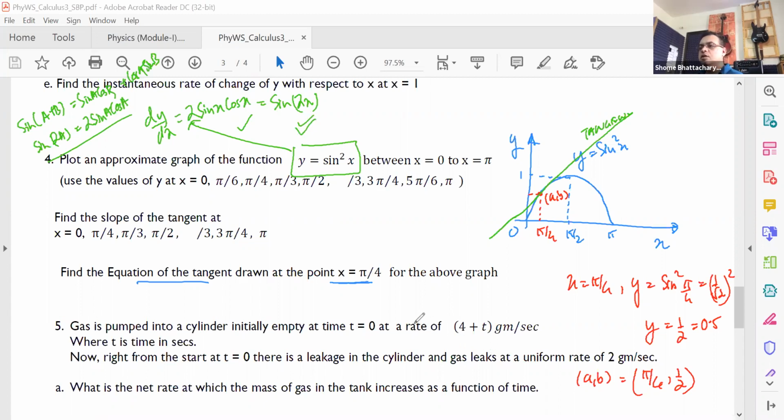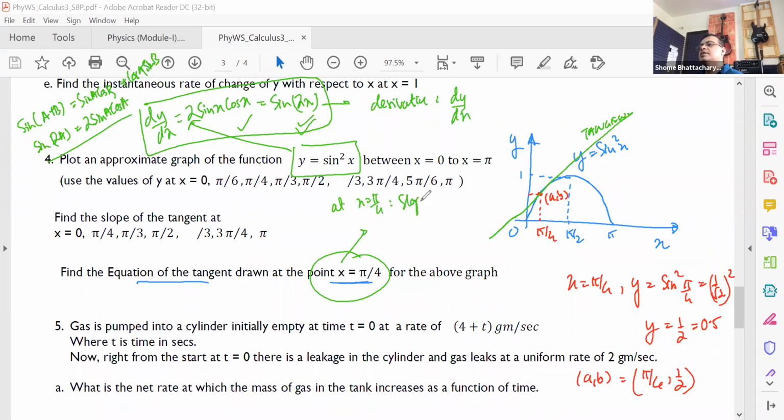So now we want to find the equation of tangent at this point. This is the general derivative of the function. The derivative is dy by dx. So at x equal to pi by 4, the slope of the tangent, what will that be? That will be the value of the derivative at the point pi by 4.